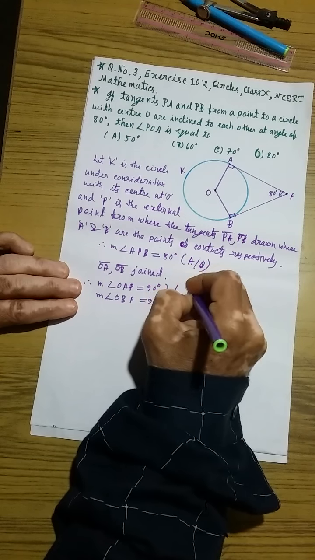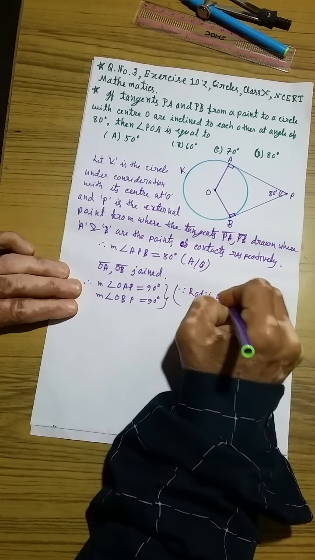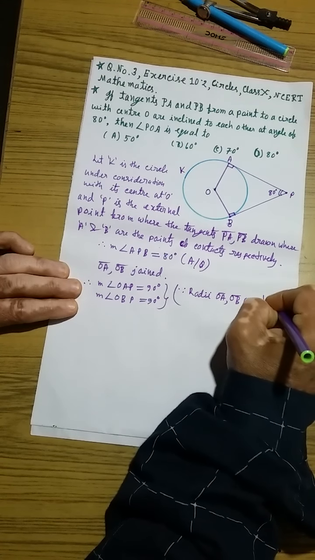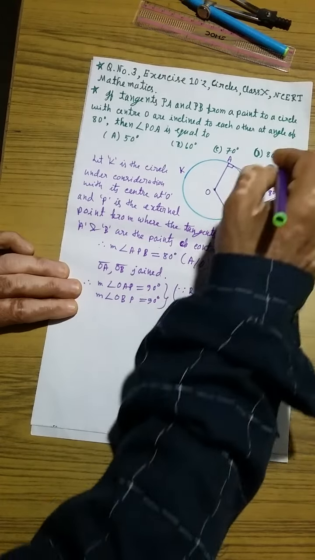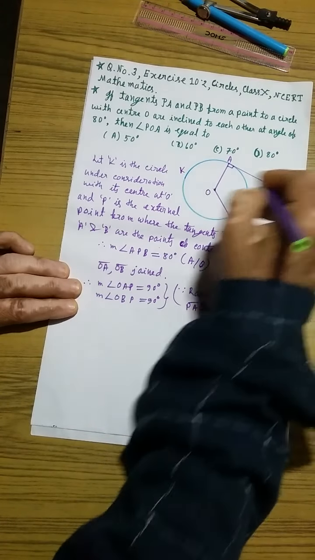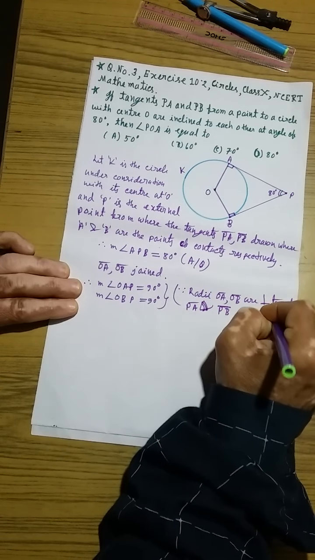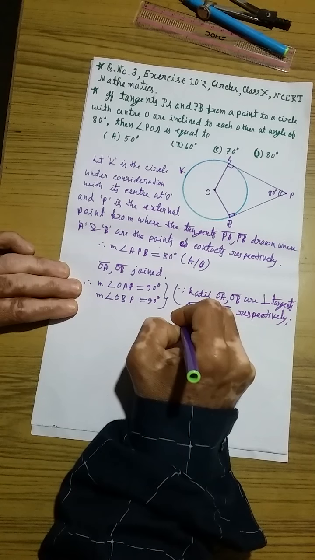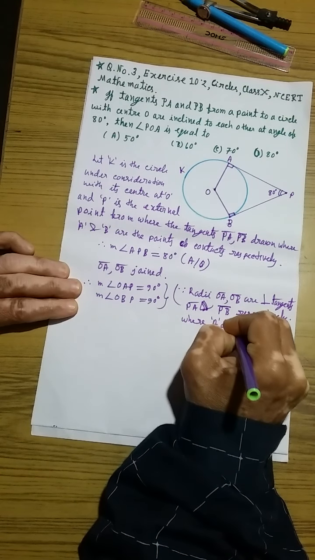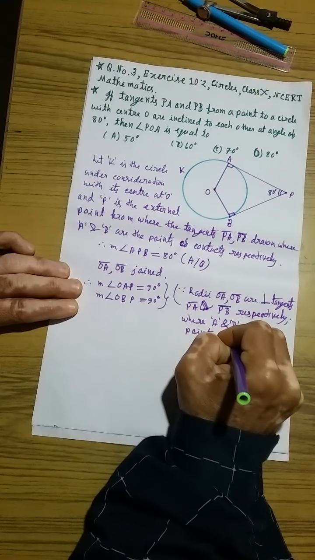So write within bracket: since radii OA and OB are perpendicular to the tangents PA and PB respectively, where A and B are the points of contact.